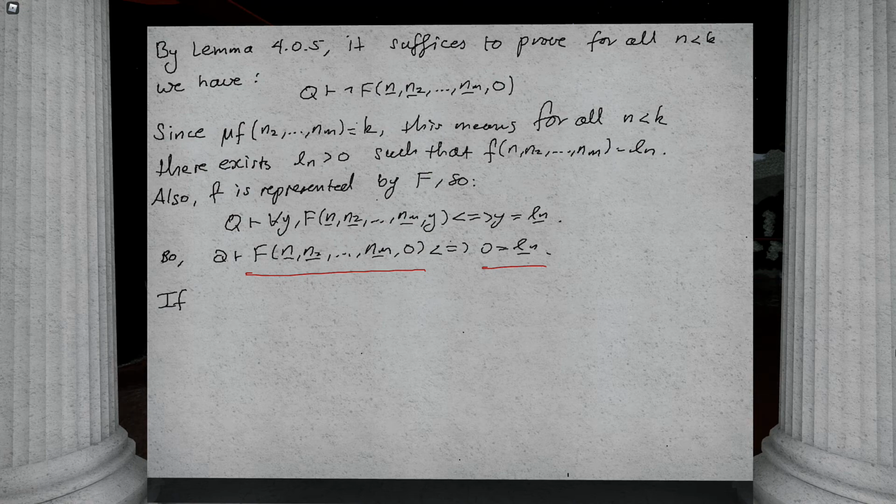But Ln is some positive integer, and so therefore 0 equaling the underline of Ln is the statement 0 equals the successor of something, and then we've already seen how that arrives at the contradiction, right?